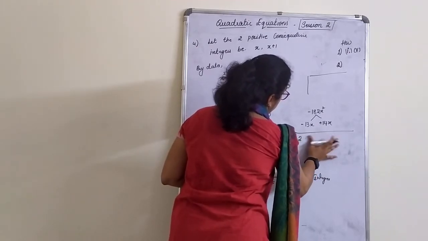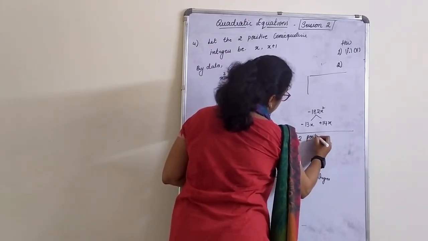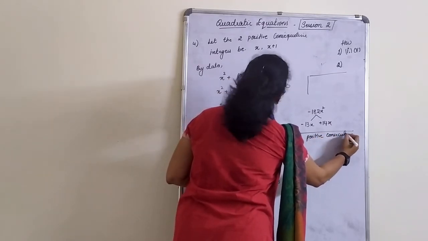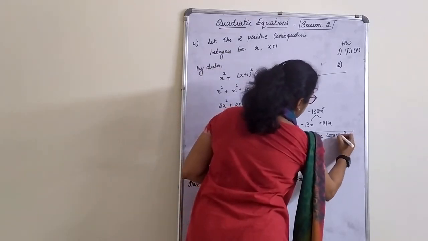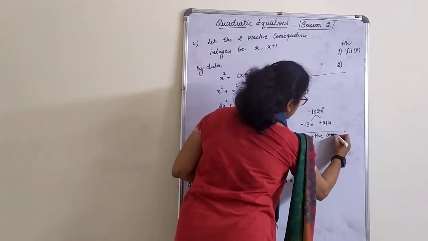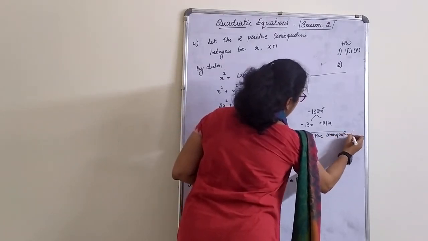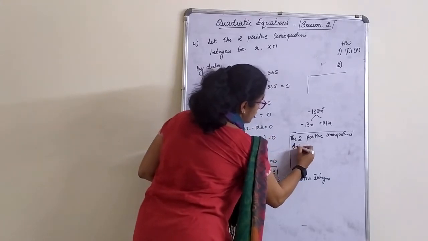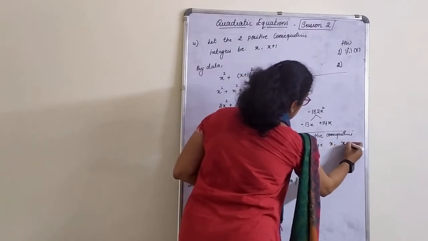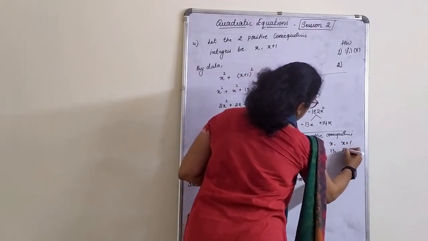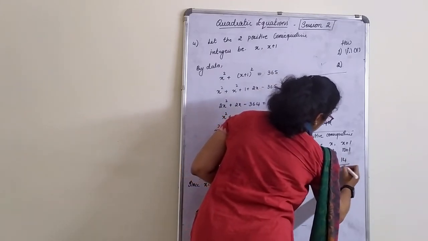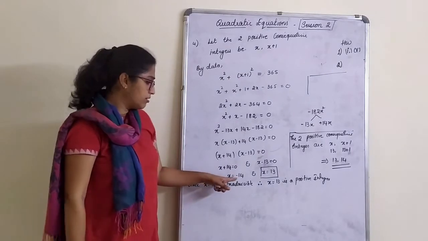The two positive consecutive integers, spelling C-O-N-S-E-C-U-T-I-V-E, are x and x plus 1, so 13 and 13 plus 1, which is 14, but not this minus 14.